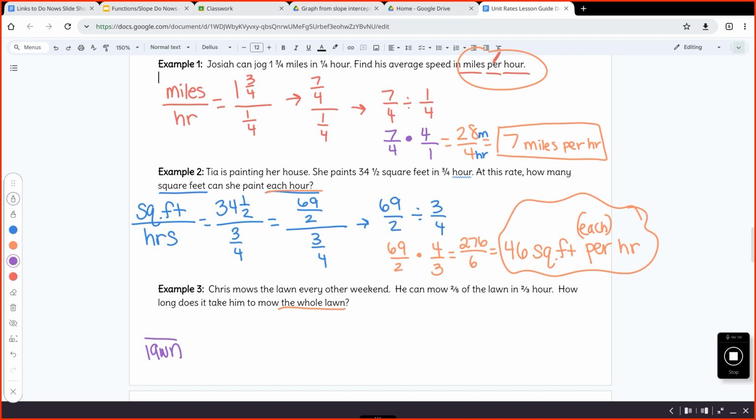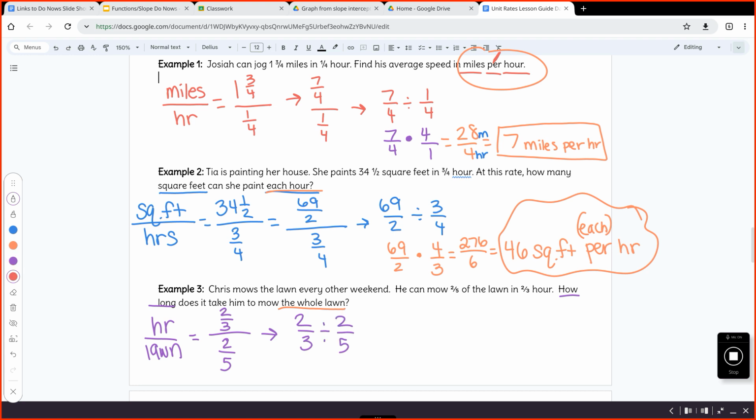So Chris mows the lawn every other weekend. He can mow 2/5 of the lawn in 2/3 hours. So hours to lawn. How long does it take him to mow the whole lawn, one whole lawn? So we have hours to lawns. Now we can set this up. 2/5 of the lawn, that's going at the bottom. And then at the top, we have 2/3 hours. Let's set up our division problem. 2/3 divided by 2/5.